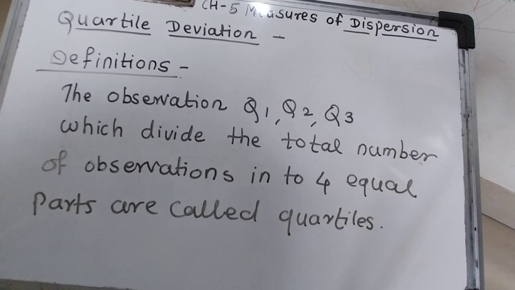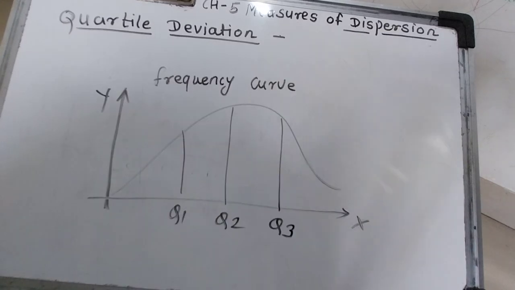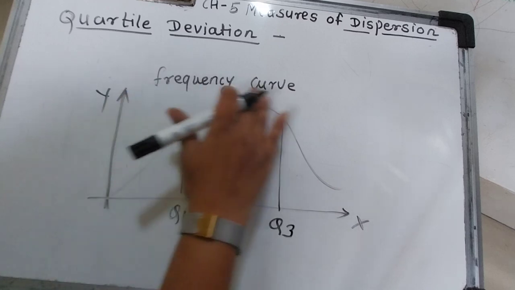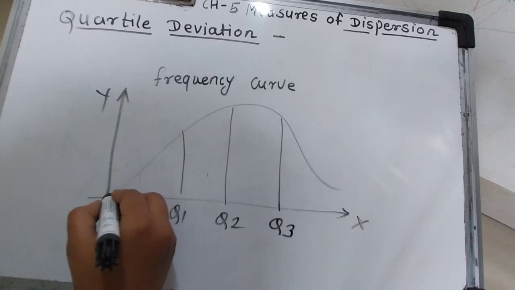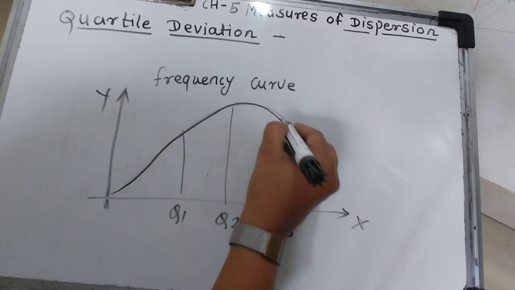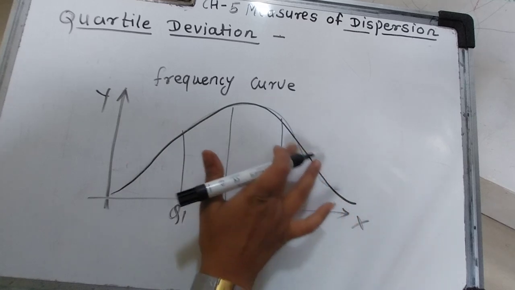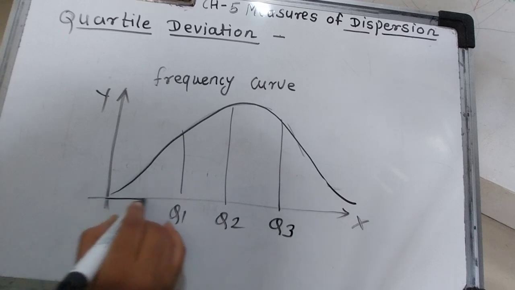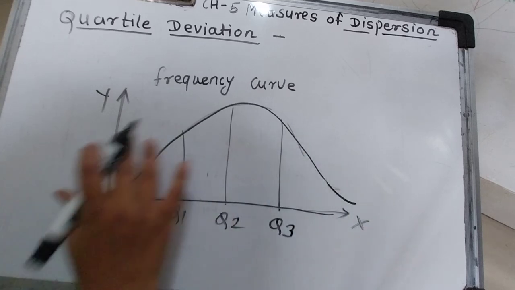We will see it graphically using the frequency curve. See, this is the total data. In a frequency curve, as all of you know, the curve is drawn by smooth hand. We already studied this in data condensation. So this is my curve. This is the x-axis, this is the y-axis, this is my data.